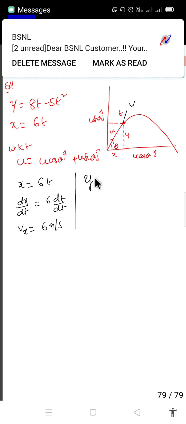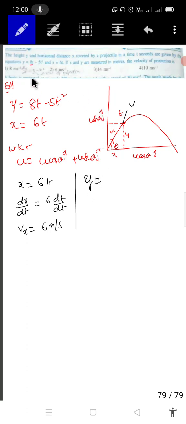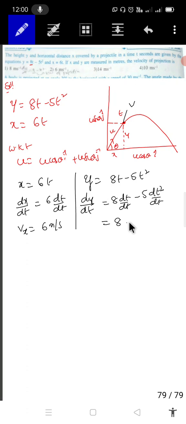Similarly, they have given y equals 8t minus 5t squared. We differentiate this with respect to time: 8 dt by dt minus 5 d(t squared) by dt, which equals 8 minus 5 into 2t, that is 8 minus 10t.